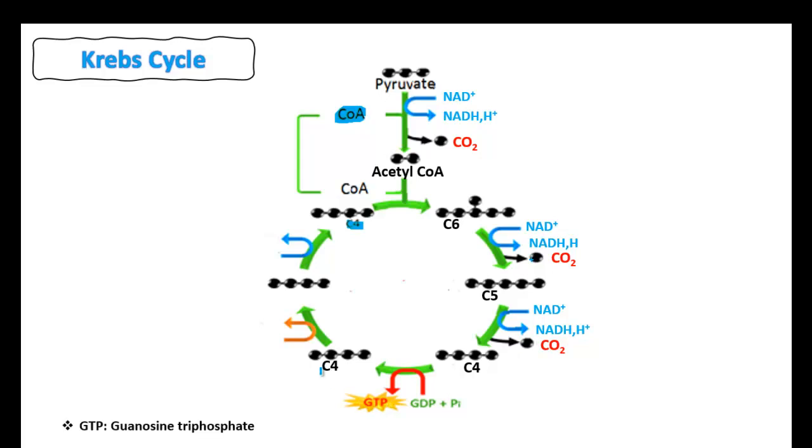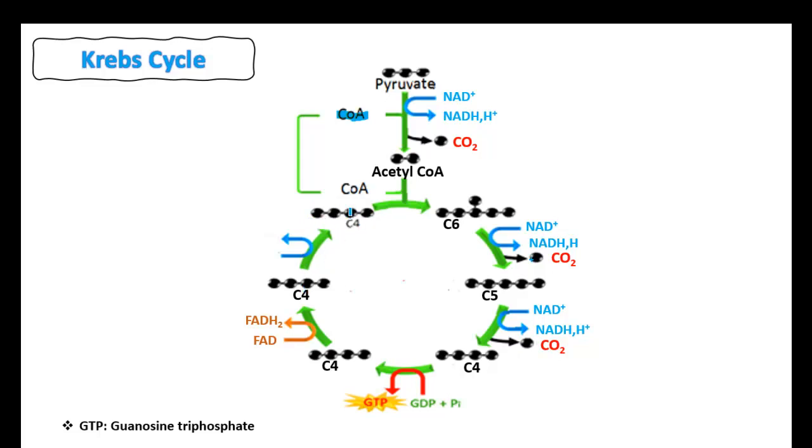Now the next reaction: this 4 carbon molecule is also going to be converted to another different 4 carbon molecule, but in this case FAD will be reduced into FADH2. And last but not least, this 4 carbon molecule is going to be converted to the first molecule that started the Krebs cycle reaction, which is the oxaloacetate.